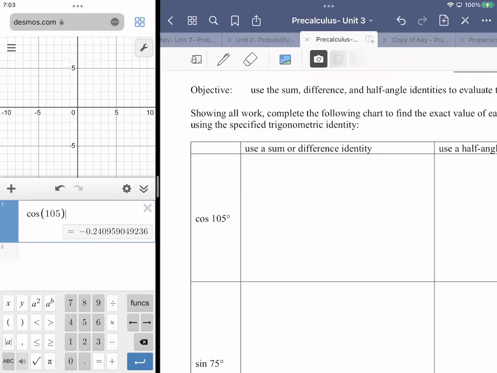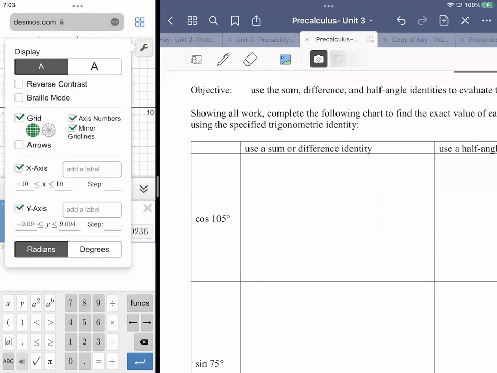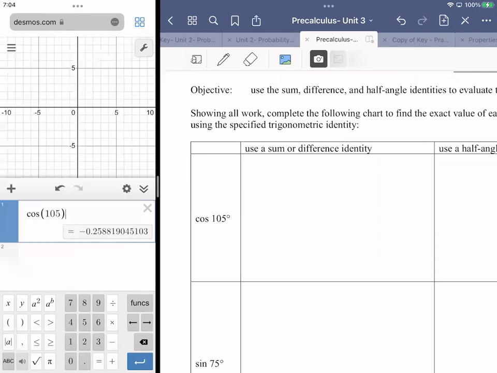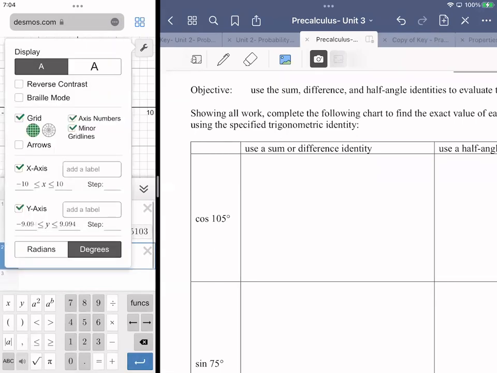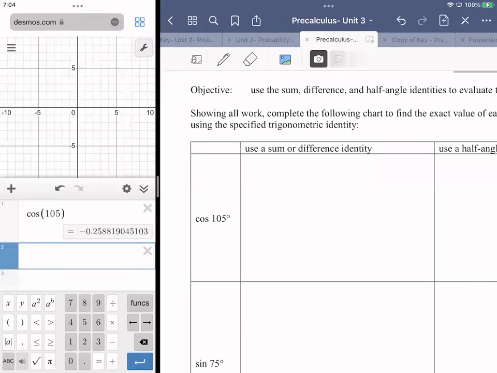You just got to make sure you're in the right mode. In Desmos, you hit that little wrench, and on the bottom, you'll see radians or degrees. So if you need to do it in degrees, just tap on degrees and kick out of there, and it'll give us the value in the appropriate form, as opposed to radians. So you see, looking at the difference, it's not too far off, right? So you just got to be really careful.